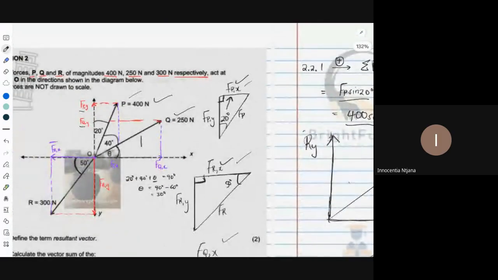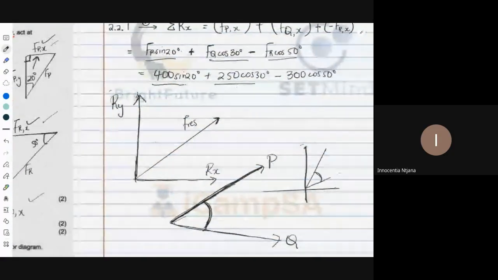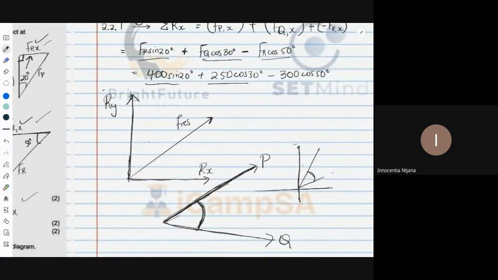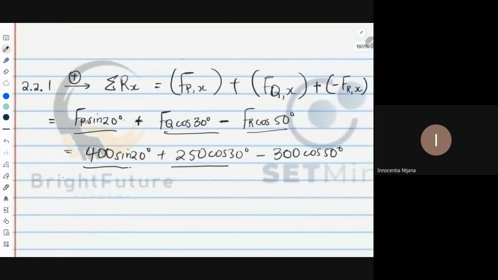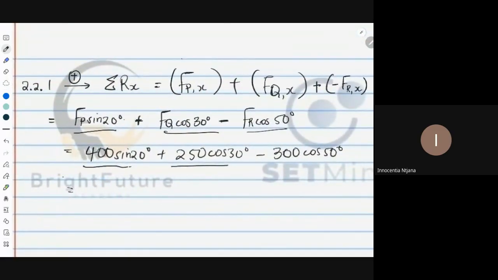So let's do ry now to finish off this. Oh, actually, what answer do you guys find when you punch on your calculator for rx? For this guy, what did you find here? Let me see if I can get my calculator.